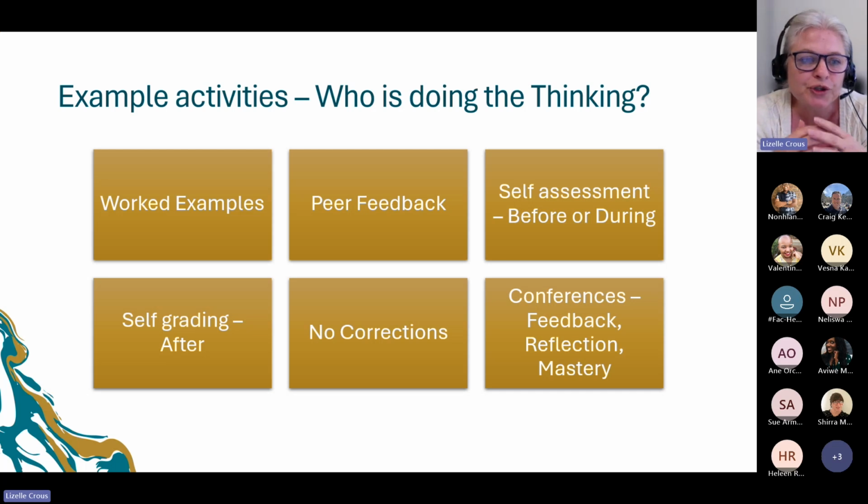So what you can do is give them exemplars from previous students' work, but then give a justification or have a discussion around why you have chosen those exemplars and why the feedback was given the way it was given, so that they can understand what the parameters are, how they should interpret the criteria, what the goalposts are.